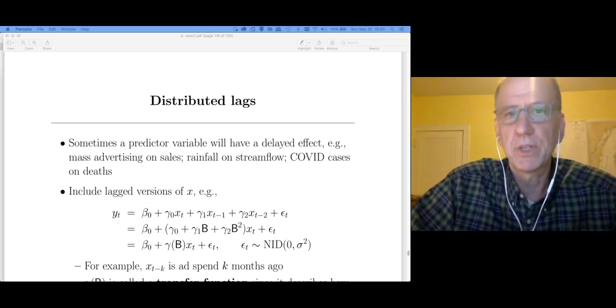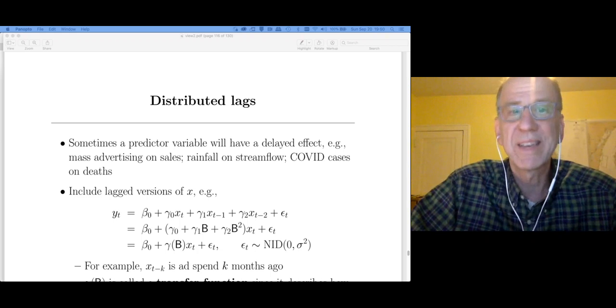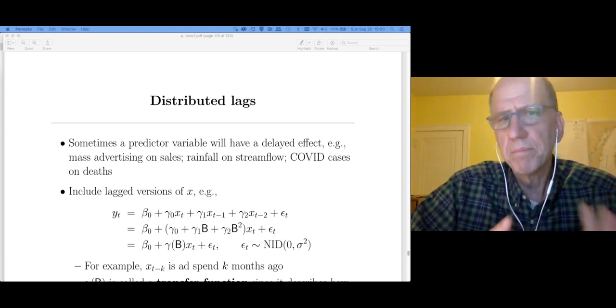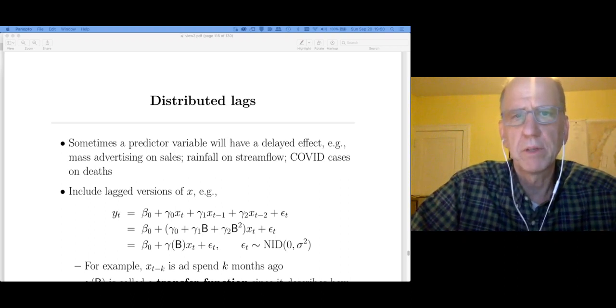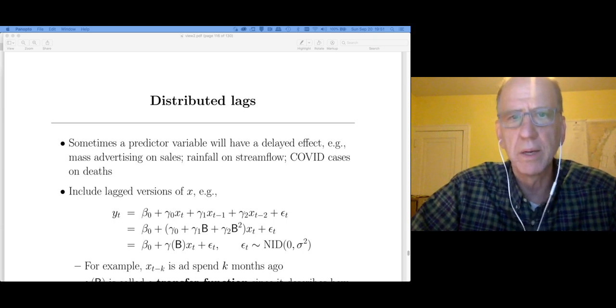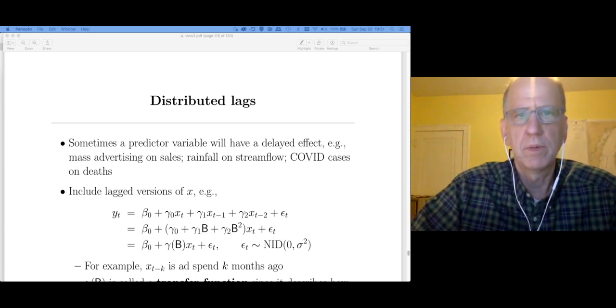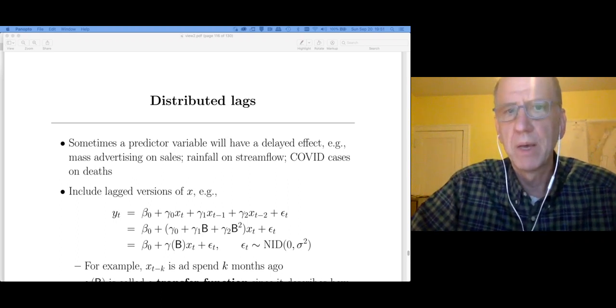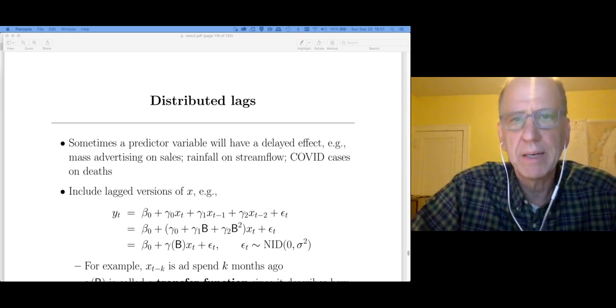Another example that's very much top of mind is COVID cases on the death counts. A couple months ago, there was a fairly strong relationship. The more cases you had this week meant a higher death rate, say 2 or 3 weeks down the line. That's gotten a little bit more complicated.